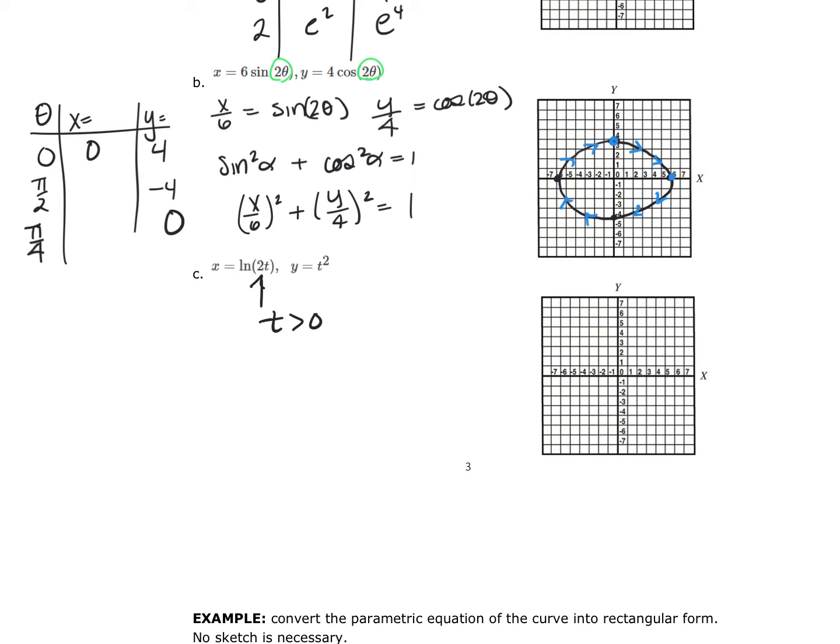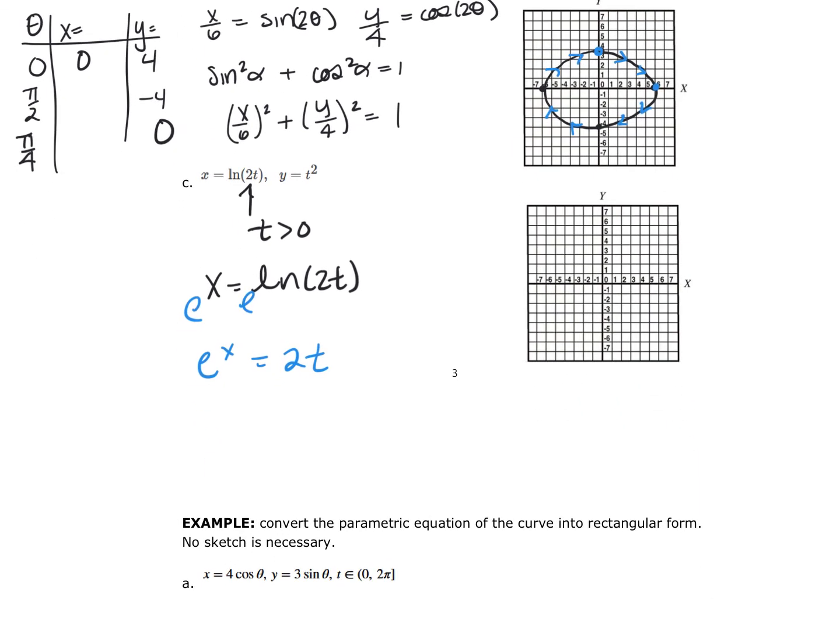To eliminate the natural log in x is equal to the natural log of 2t, we're going to take each side and raise it so it is e to the x and e to the natural log of 2t, which gives me e to the x is equal to 2t, which gives me 1/2 e to the x is equal to t.